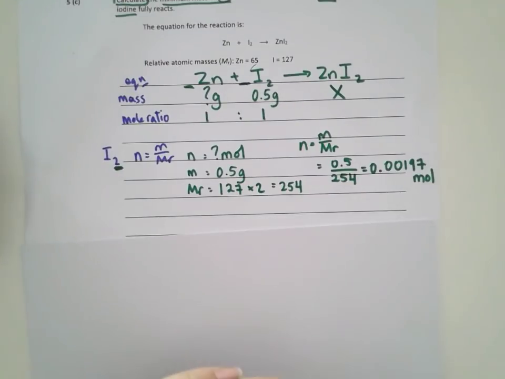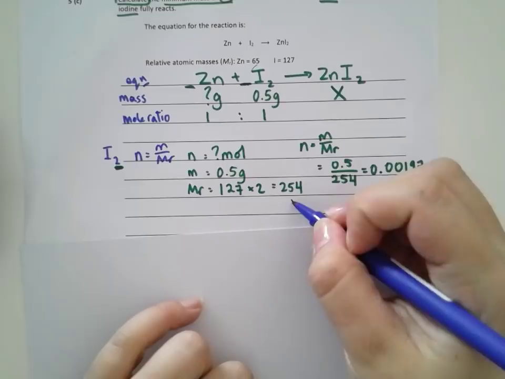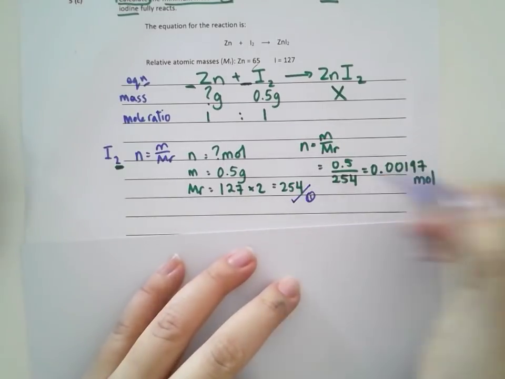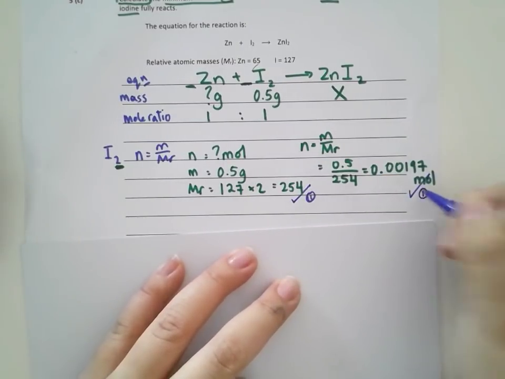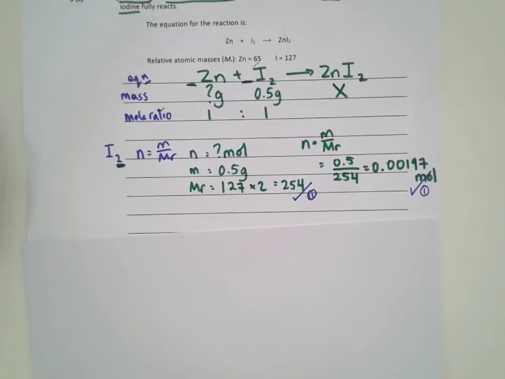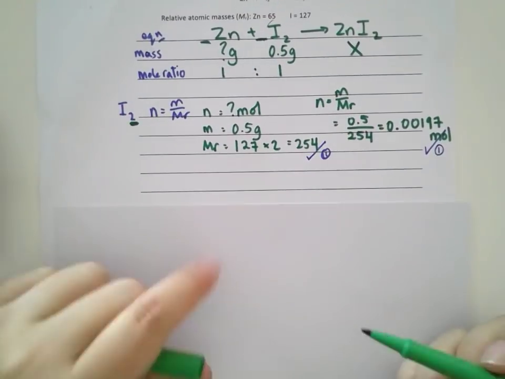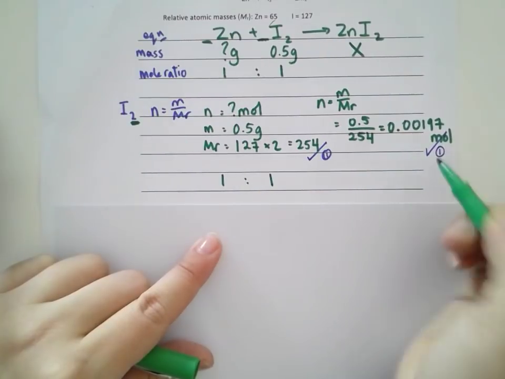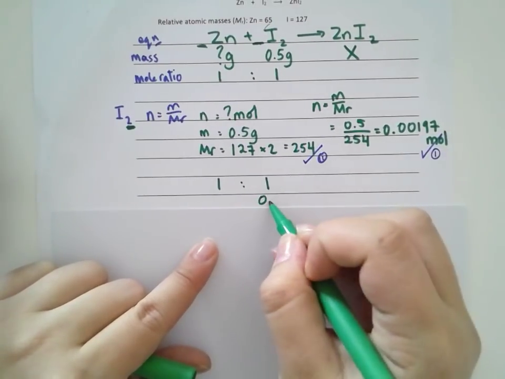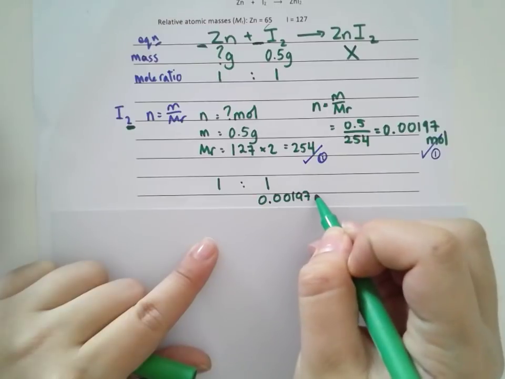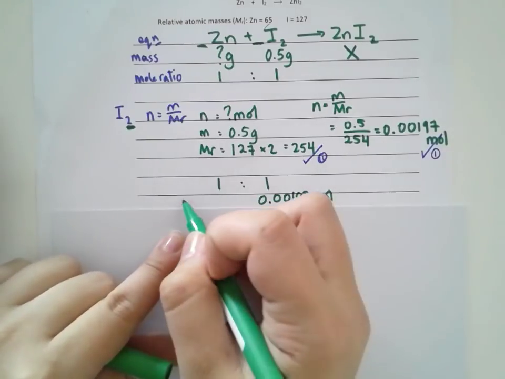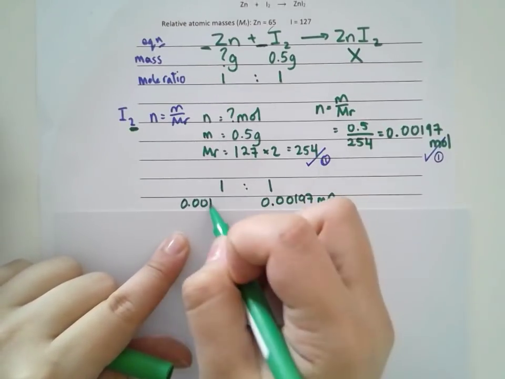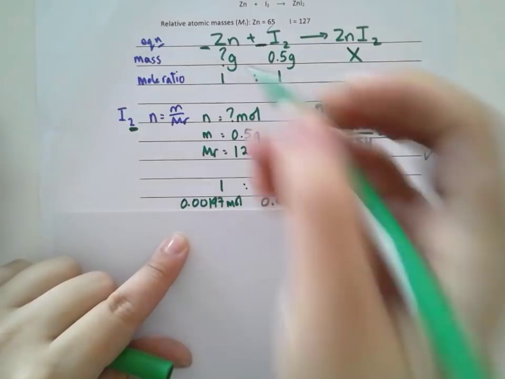So far, if you have figured out the MR of I2, that gives you 1 mark, and if you figured out the moles there, that gives you another mark. That's the first 2 marks. Okay, so the mole ratio again is 1 to 1. Therefore, if there are 0.00197 moles of our iodine, there are therefore 0.00197 moles of the zinc.